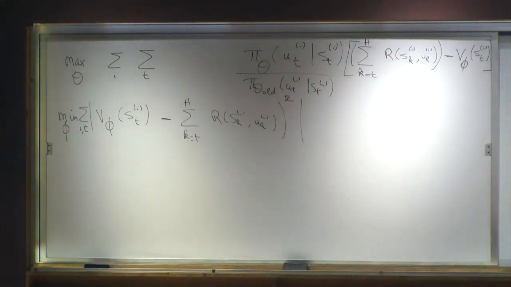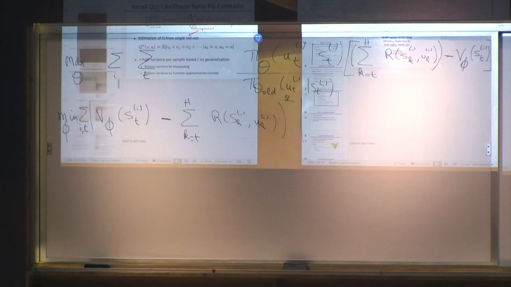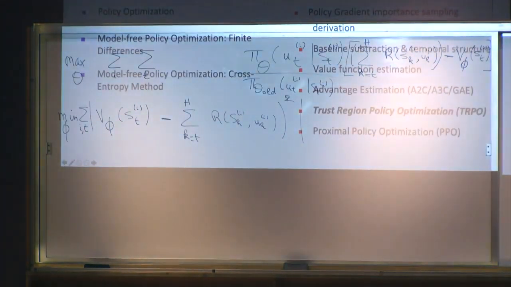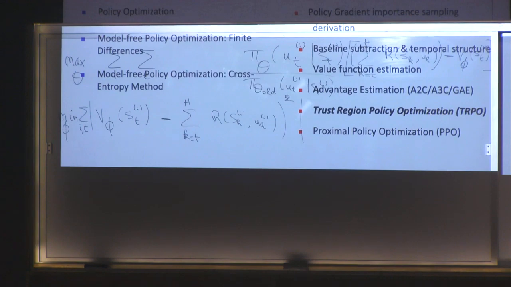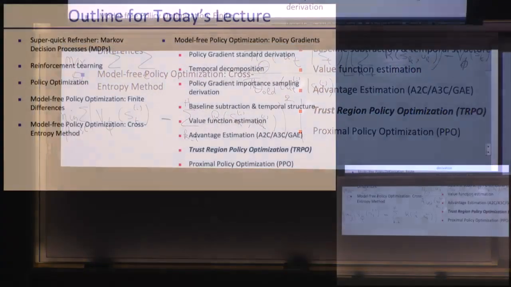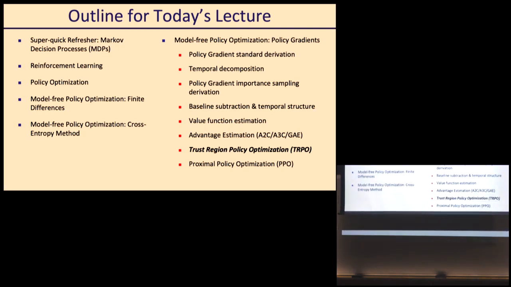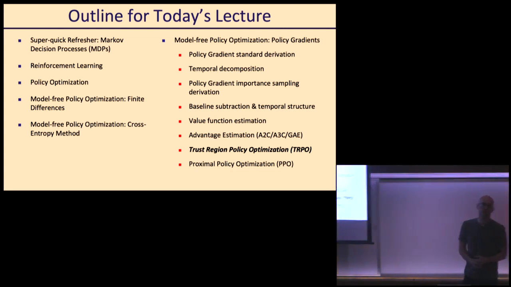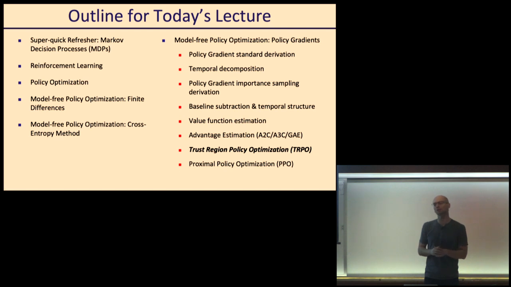All right, so the first thing we're going to cover is trust region policy optimization, which was the first reinforcement learning method to successfully optimize large neural network policies, to learn to control simulated robots.